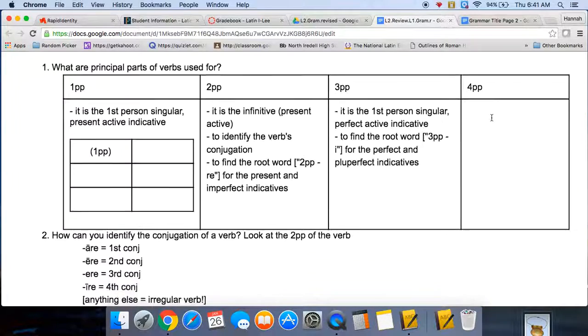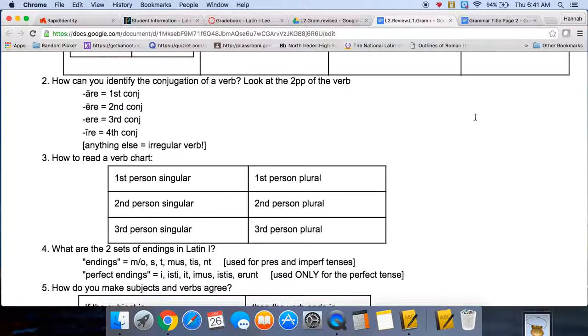Okay, let's move on. There are 4 different families of verbs, or the conjugations, and you can identify them by looking at the infinitive. The infinitive is the 2pp of the verb. The common ones are are, you have ere, one with a long mark, one without a long mark, and then ire. As you see, first, second, and fourth conjugation verbs have long marks on the vowel in front of the R. Third conjugation doesn't.